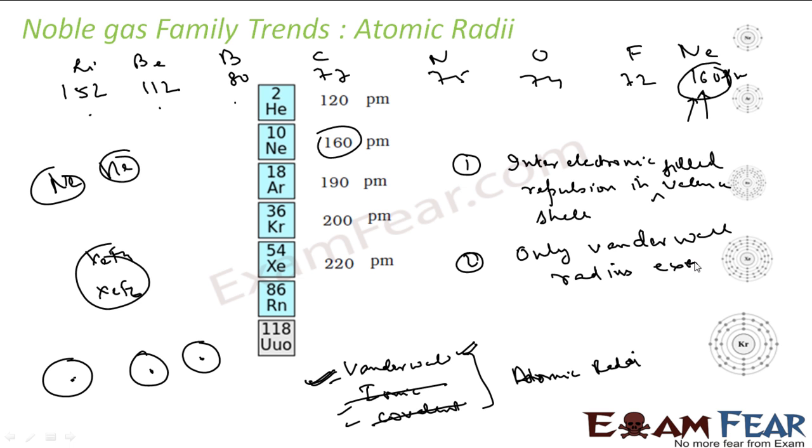There is no covalent or ionic radius. Okay, two possible reasons why you have a high value of atomic radii for the noble gas family in a given period.